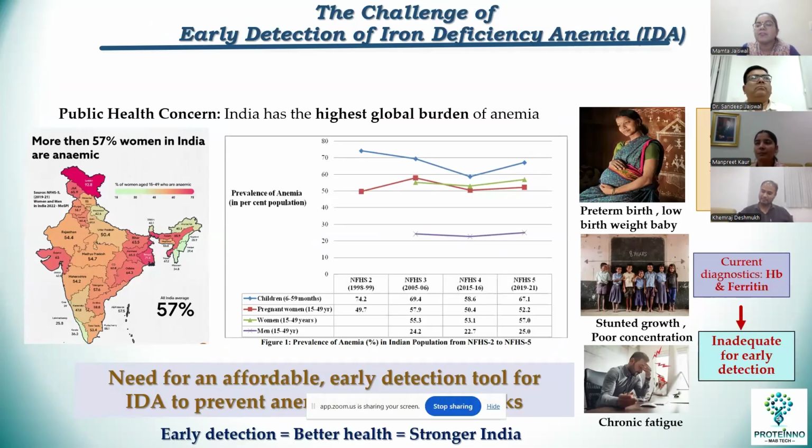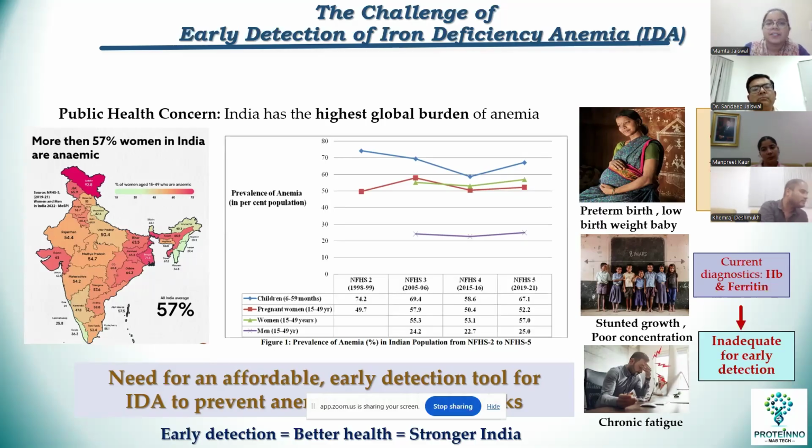These are not very accurate for early detection of anemia, and in India there is a lot of burden of IDA, iron deficiency anemia, which causes preterm birth, low birth weight of a baby, and chronic fatigue. In rural areas a lot of miscarriages happen because of iron deficiency.